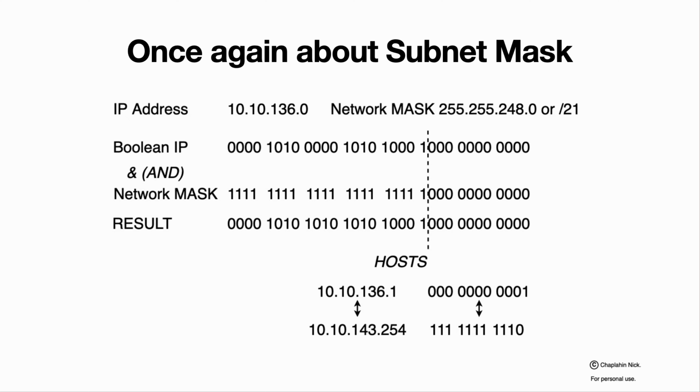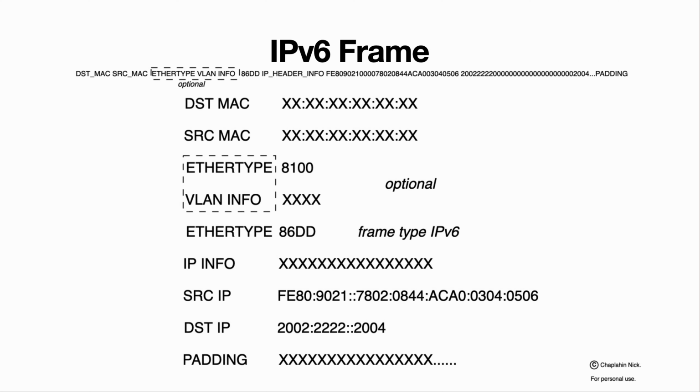What about IPv6? Well, let's check the IPv6 frame. It also has destination and source MAC that are not important in this case. They could also have VLAN information and Ether type 86DD that defines that the frame type is IPv6.